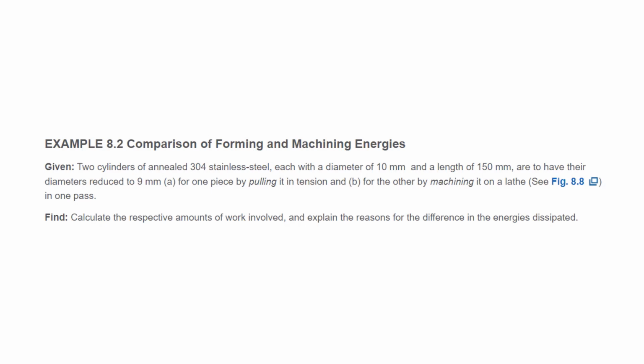So epsilon 1 is the logarithm of d0 divided by d, where d0 is the initial diameter and d is the final diameter. Our initial diameter is 10, and our final diameter is 9.